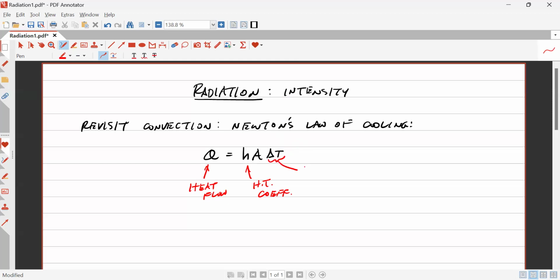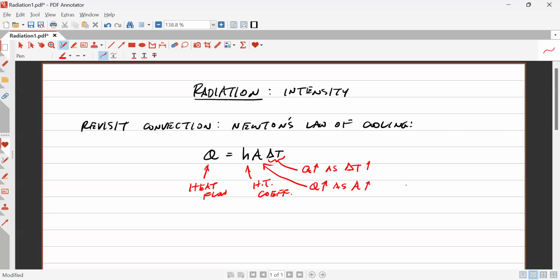Basically, the observation is that the heat Q will increase as delta T increases. That was pretty clear and universal. The other one is that the heat flow would increase proportional to area as well. So those are pretty straightforward.